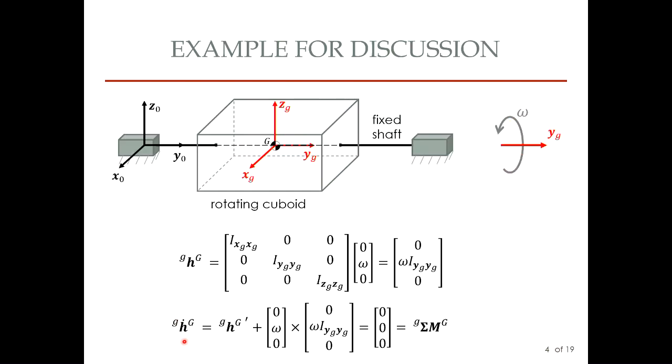So I'm using the golden formula per normal. Now this omega is constant, and this IYY is some kind of constant depending on the dimensions of the cuboid. So because this is constant in frame G, this h prime, the component by component derivative, is all zeros, right?